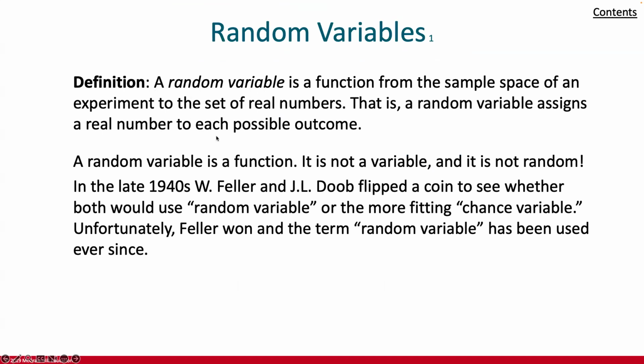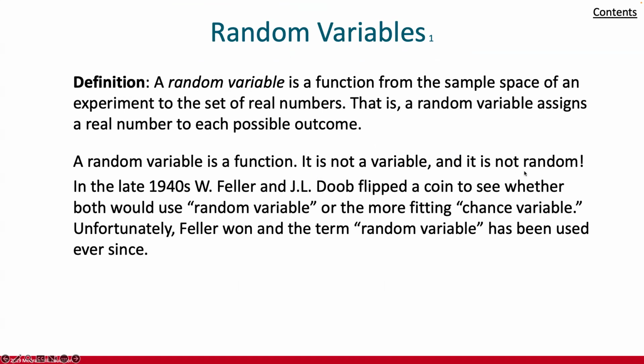Here's another relationship for random variables, a definition. A random variable is a function from the sample space of an experiment to the set of real numbers. That is, a random variable assigns a real number to each possible outcome. So a random variable is a function.